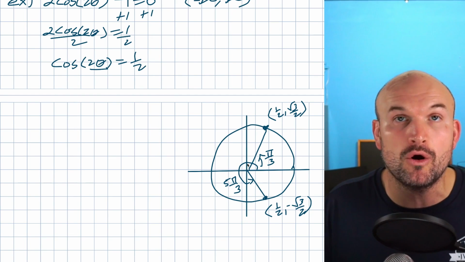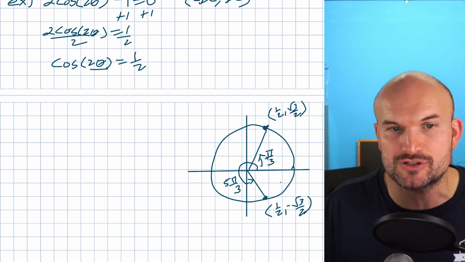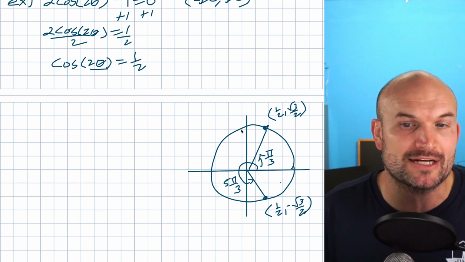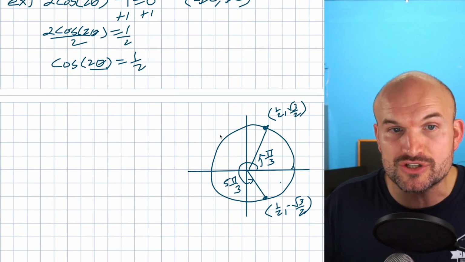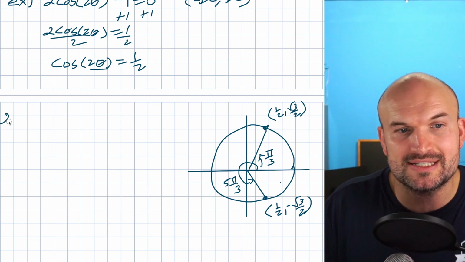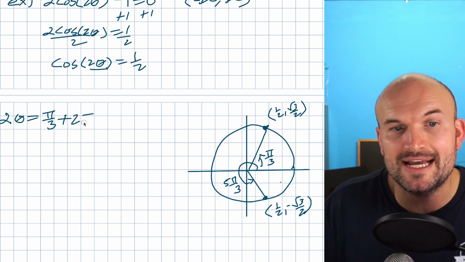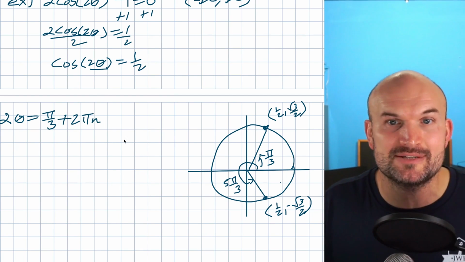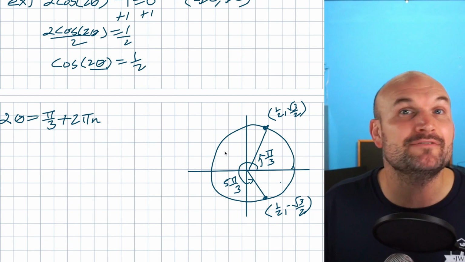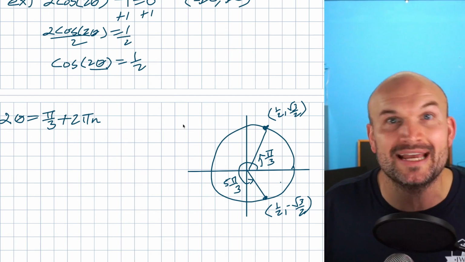So I could add 2 pi or I could subtract 2 pi going in the opposite direction. But no matter what, as long as I add or subtract 2 pi, I'm going to keep on getting a solution for this equation. So therefore I can say 2 theta is equal to pi over 3, which is the solution on the unit circle, plus 2 pi n. And the reason for n is because I can keep on adding 2 pi infinitely many times or subtracting 2 pi infinitely many times.